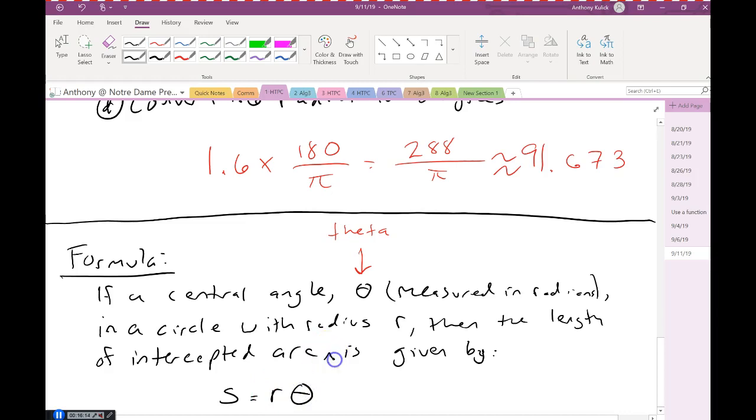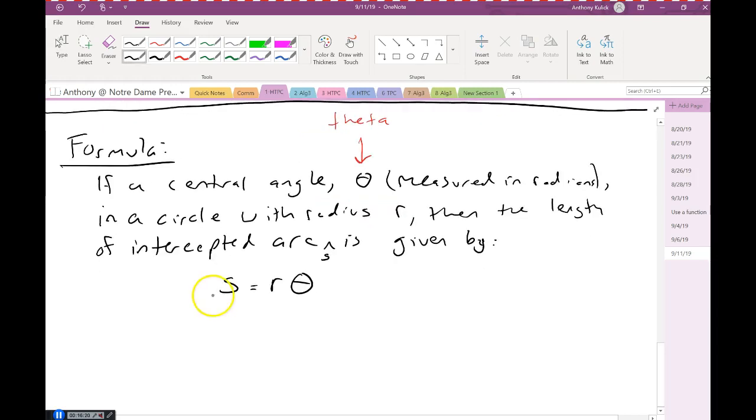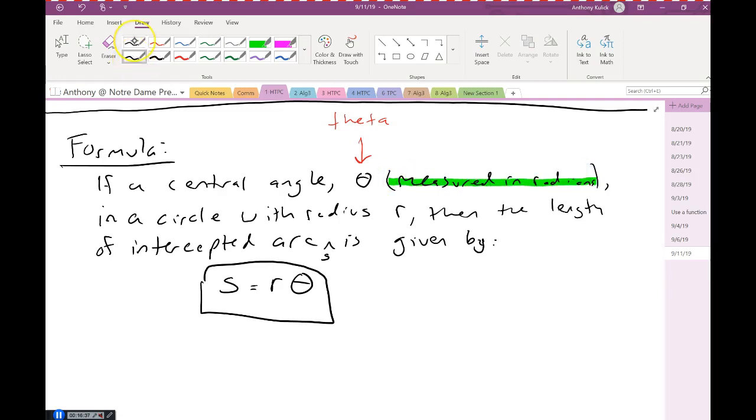And maybe we should say the intercepted arc S. So what's the really important caveat about this formula? It's that this angle that we're using in our formula must be measured in radians.